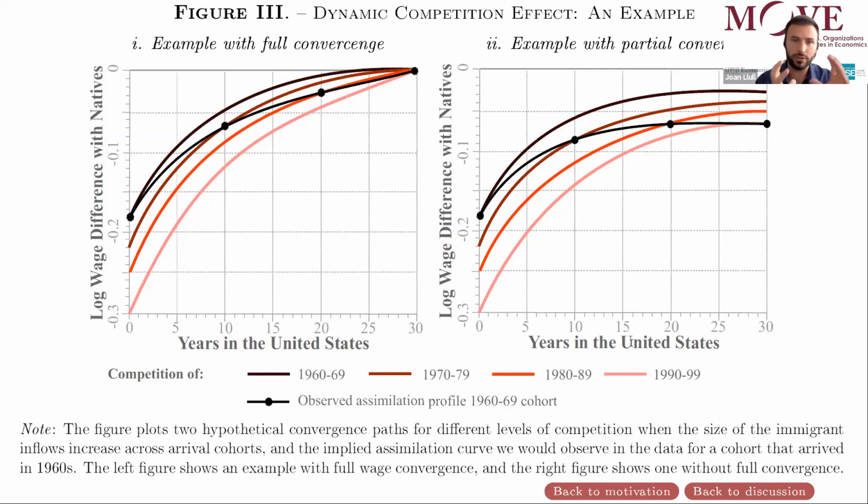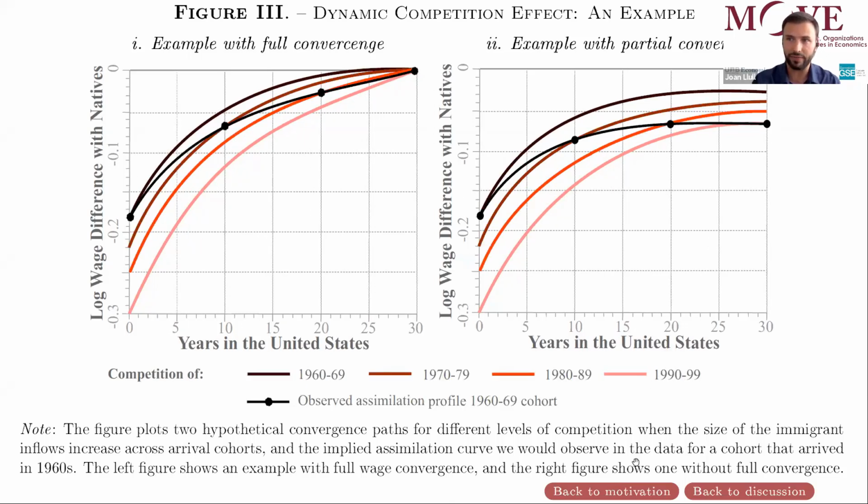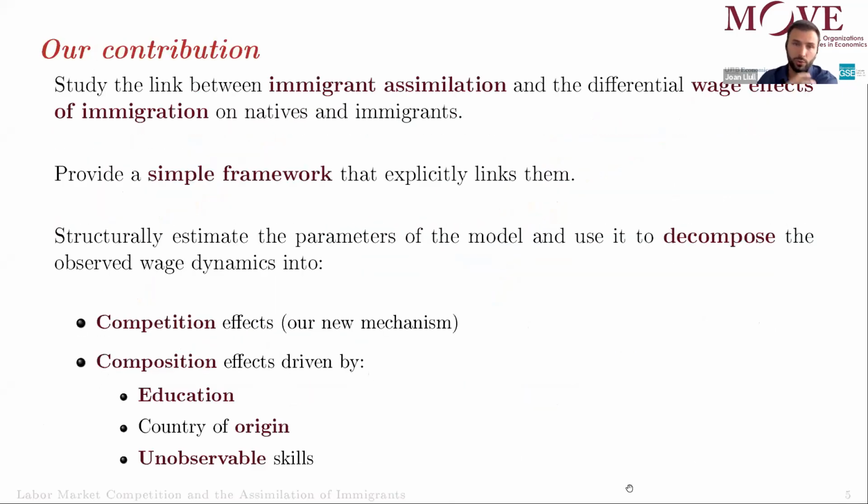Okay? So those are essentially the two mechanisms, if you wish, that we're going to see in our framework. Okay, so the initial wage gap is going to be pushed down, and then the effect on the speed of convergence is going to be ambiguous, depending on whether the first effect or this dynamic effect dominates. So essentially our contribution is to link this imperfect substitutability between natives and immigrants and the increasing size of cohorts with immigrant assimilation, with a simple production function framework that explicitly links them.